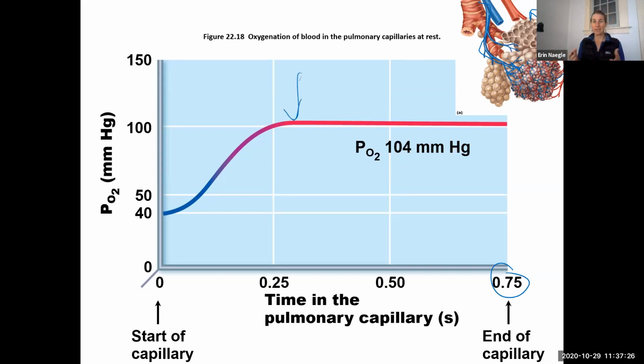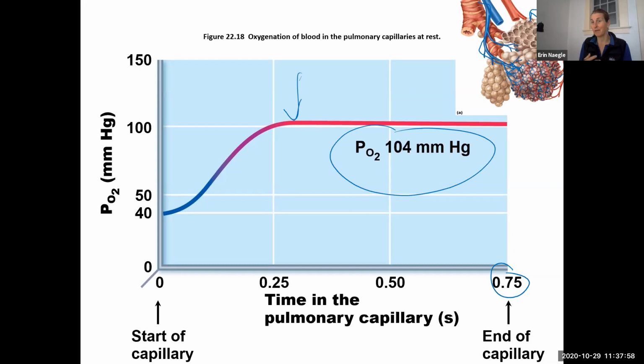So it takes just a little over a quarter of a second in a healthy body for that blood to become fully oxygenated. And fully oxygenated blood has, this will make more sense in a second, a partial pressure of 104 millimeters of mercury. Okay.